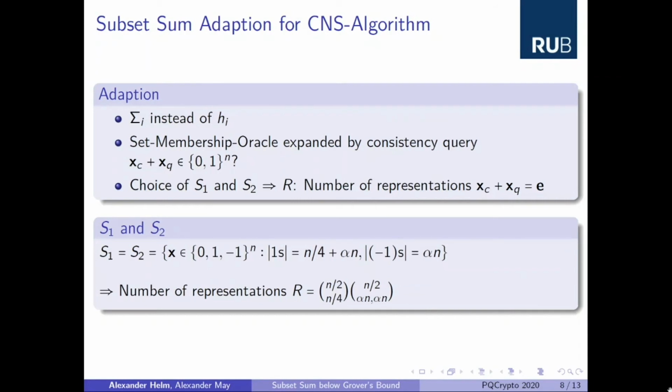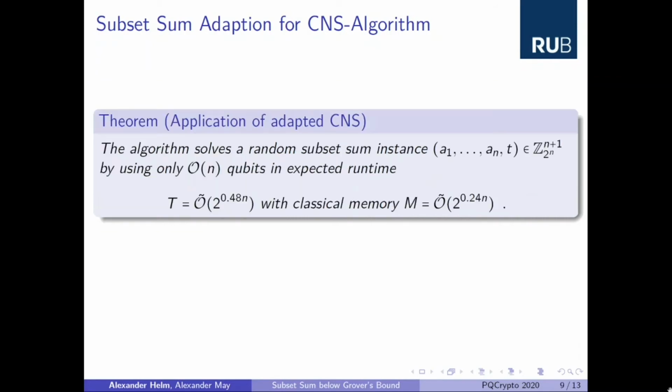And we adapt the CNS algorithm and use the representation technique with -1 entries and achieve the following result. The adapted CNS algorithm solves a random subset sum instance by using only linearly many qubits in expected runtime 2 to the 0.48 n with classical memory 2 to the 0.24 n.